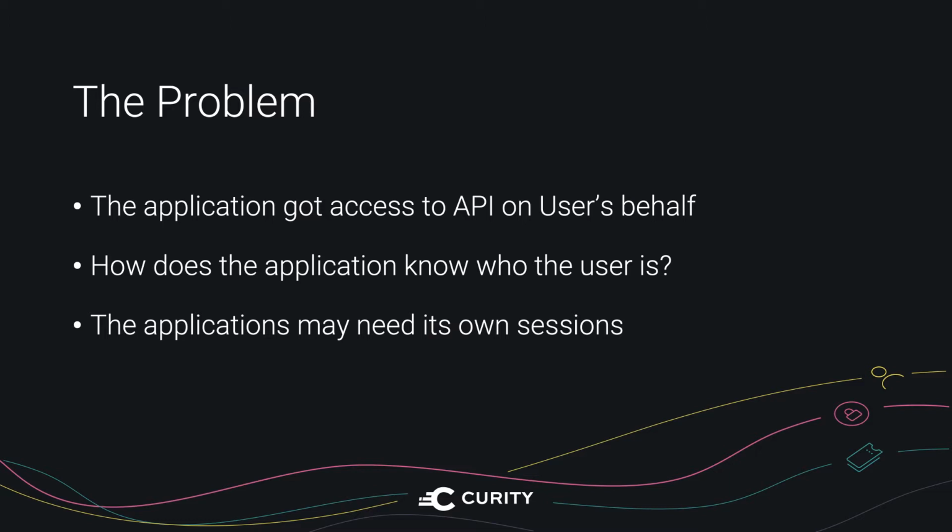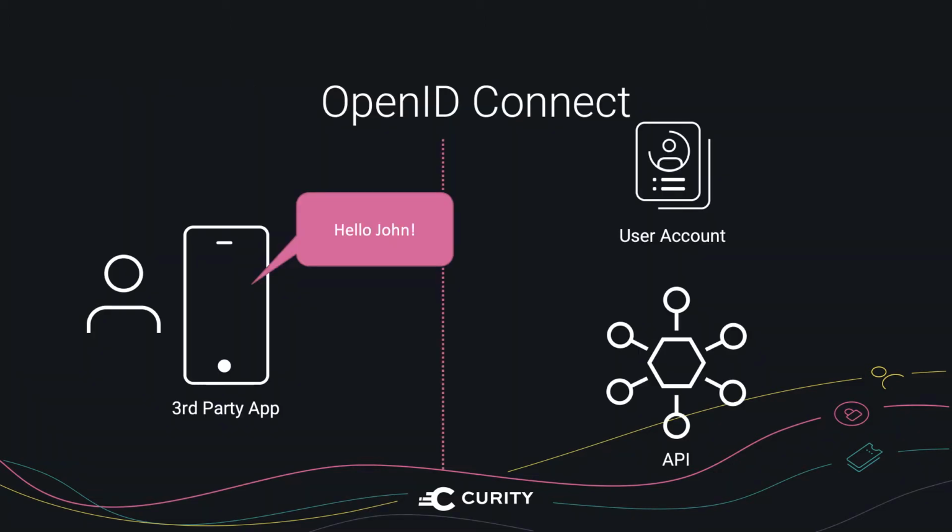So with OpenID, we now have a way to communicate that information in a standard way to the applications, or the clients. One of the reasons is that applications may need to maintain their own session, especially for web applications, but also for mobile. So if we look at the example again, it may be as simple as the app needing to maintain some sort of profile information.